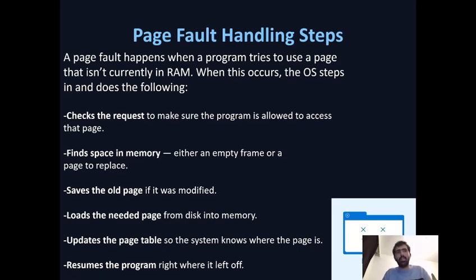Then, it saves the old page if it was modified. Then it loads the needed page from disk into memory. Then it updates the page table so the system knows where the page is. And lastly, it resumes the program right where it left off.